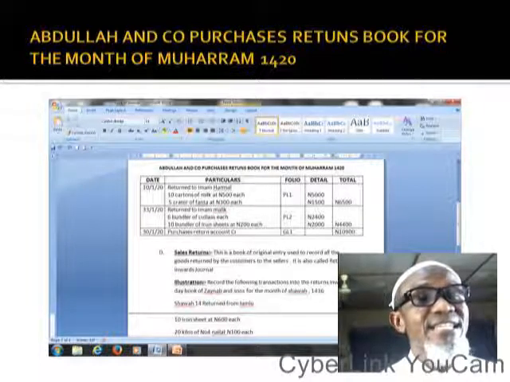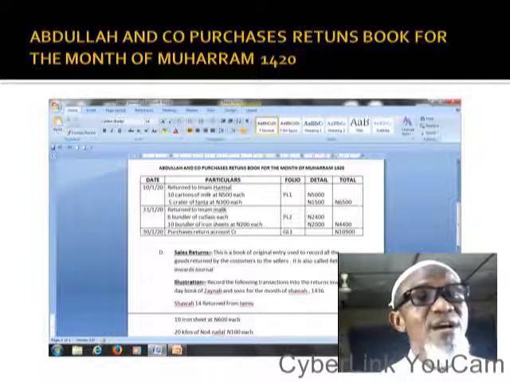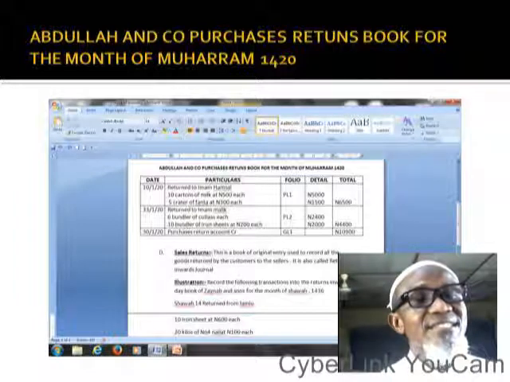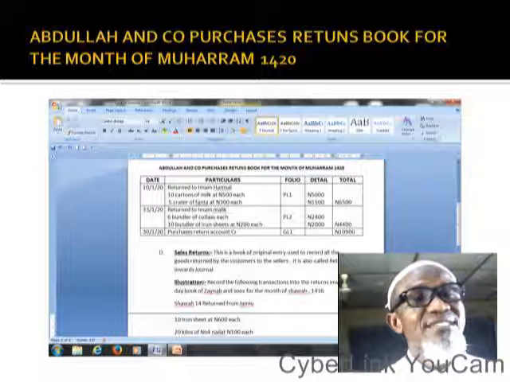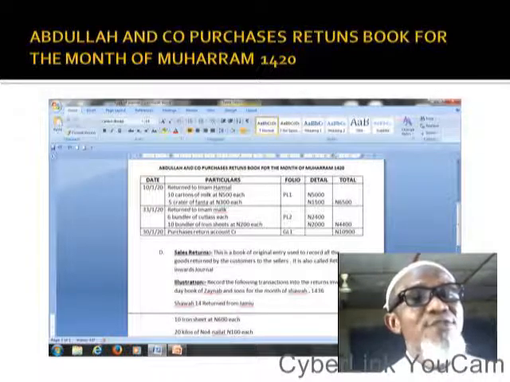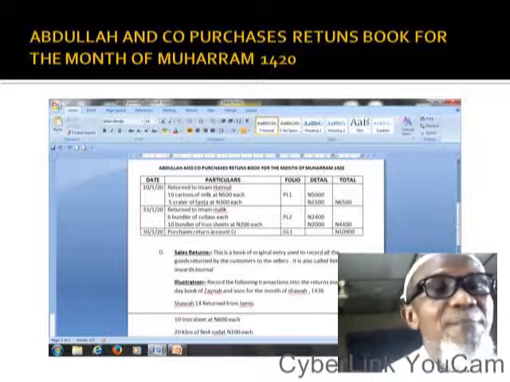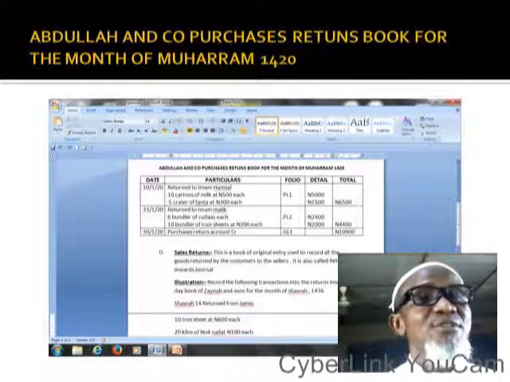Then the implication of the transaction will be recorded under your particulars. Then you have the folio column. You now have your details, that is the simplification of the number of goods and the amount of goods. Then you now have the total.